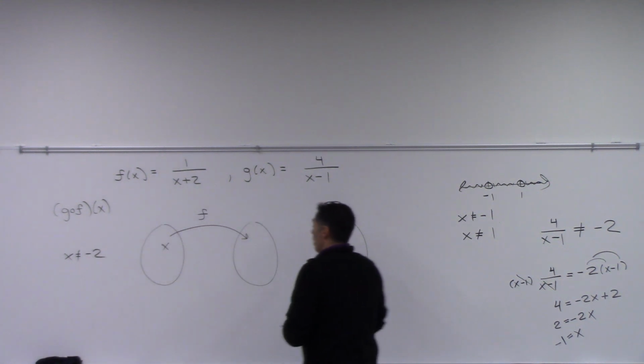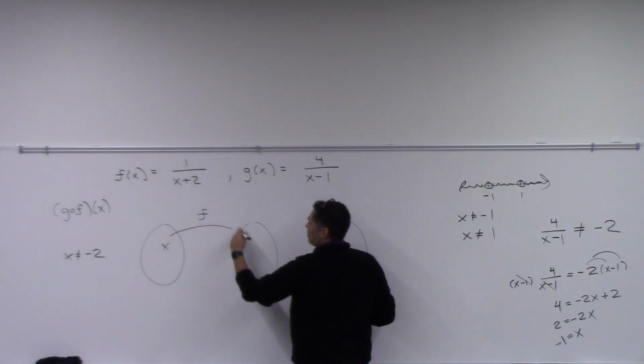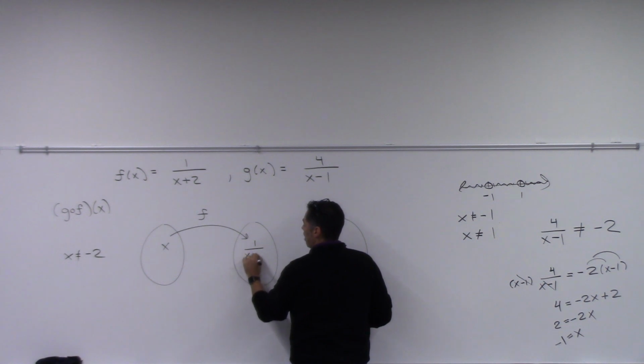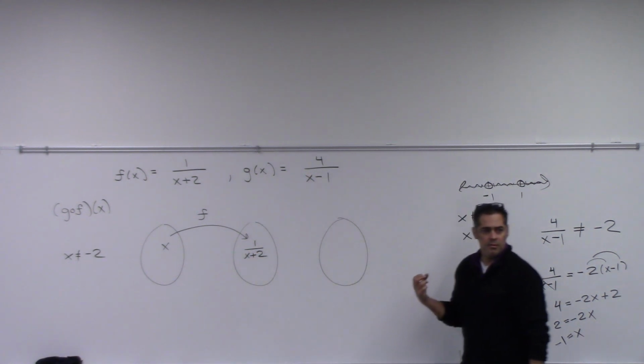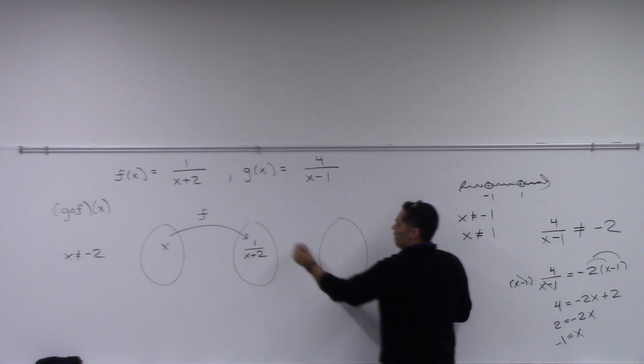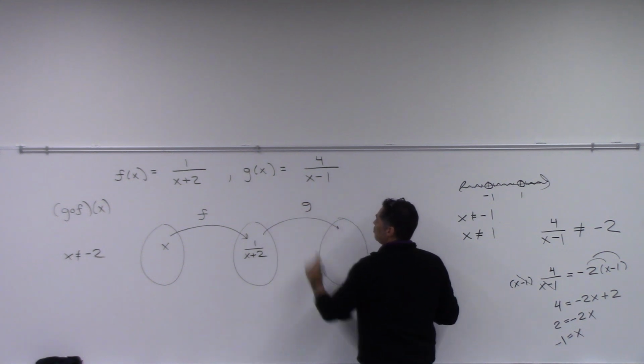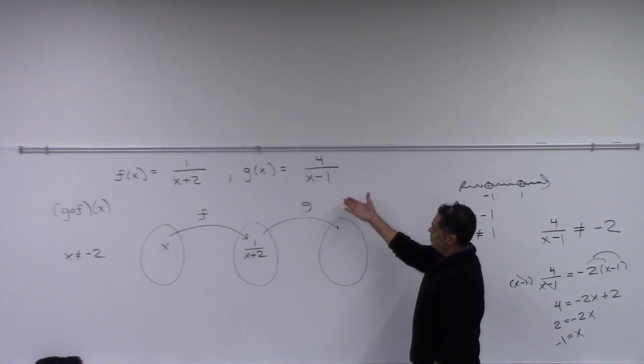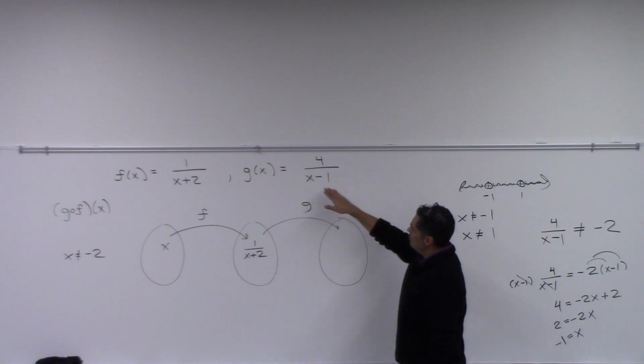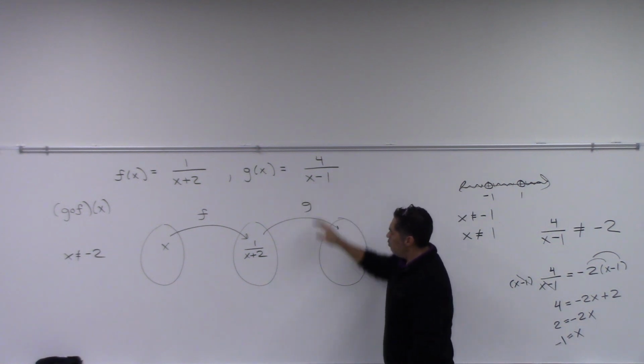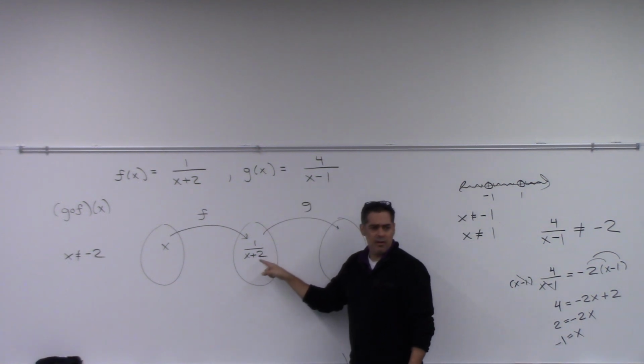Now, when f gets x, f is going to spit out 1 over x plus 2, right? That's what f does. And then that's going to get sent through g. Now, what can g not handle? 1, right? So what I need to make sure is that this doesn't turn into a 1.